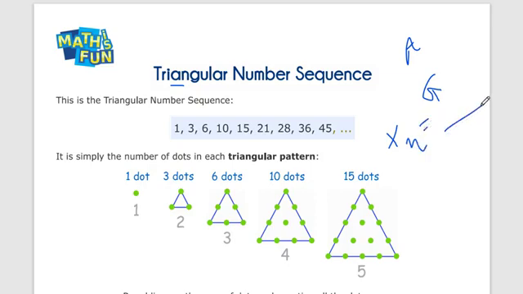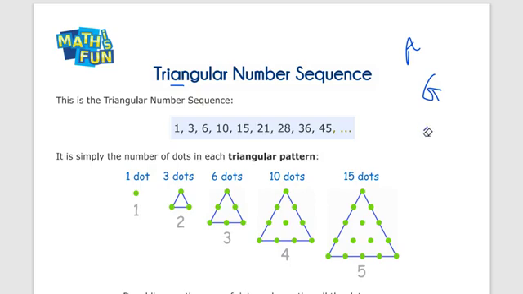Like this sequence: 1, 4, 9, 16. What is the rule of this sequence? Xn is equal to n square, the square numbers. So this is the rule of this sequence. We see the different types of sequence and how to find their rule.